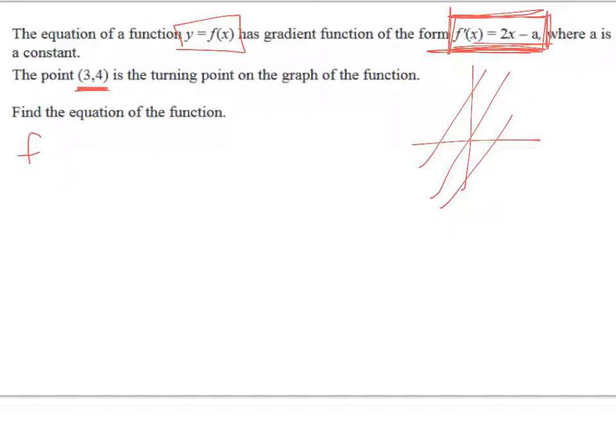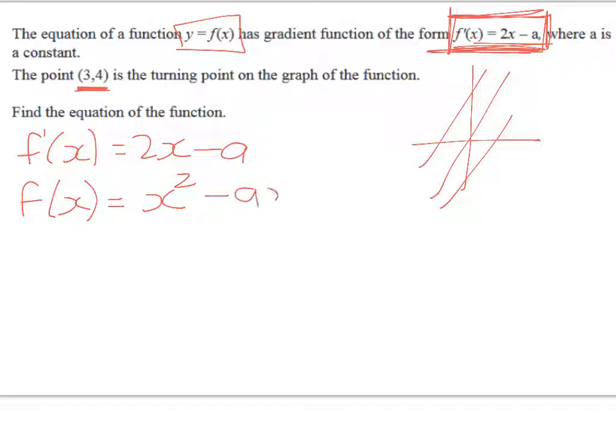So we've got f dash of x is 2x minus a. We anti-differentiate, and we're going to have x squared minus ax plus my constant of integration, so x squared minus ax plus c.